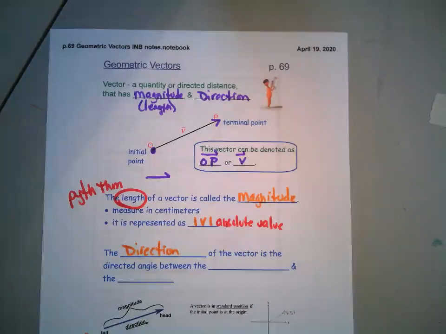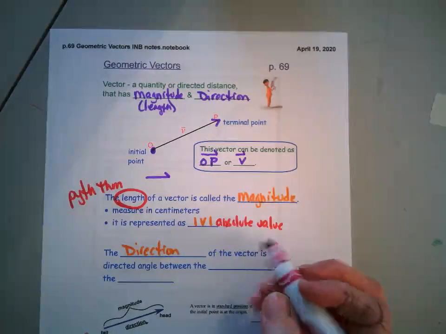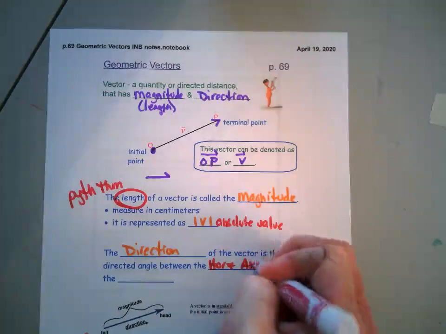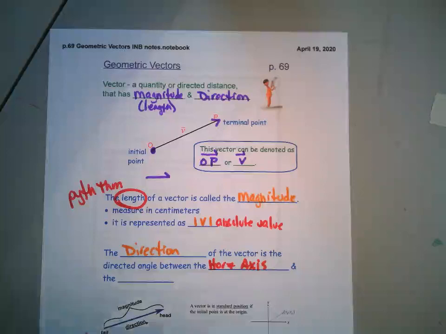And the direction of the vector is the directed angle between the positive x-axis, the horizontal axis, and the vector itself.